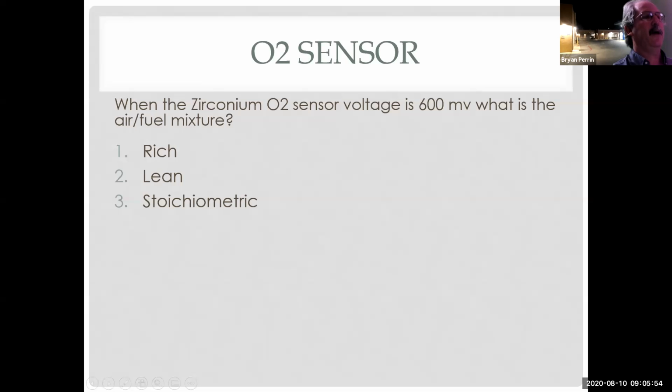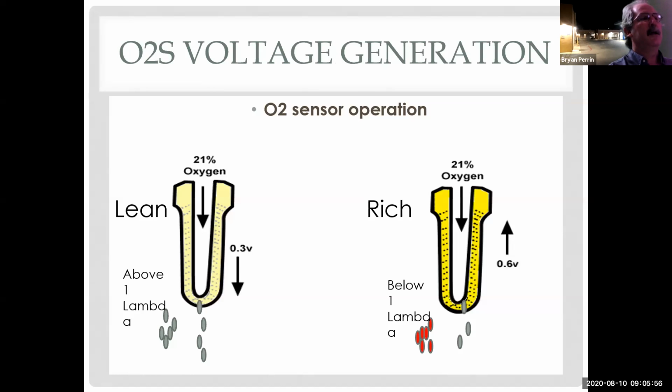So if I back up a second to our slide, we can see here, if I'm above 1 lambda, which is lean, I'm normally going to be under 300 millivolts. If I'm below 1 lambda, which is rich, I'll normally be over 600 millivolts. So it's rich. Yep, the answer is rich.